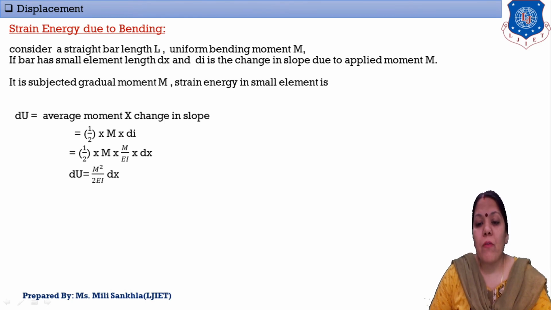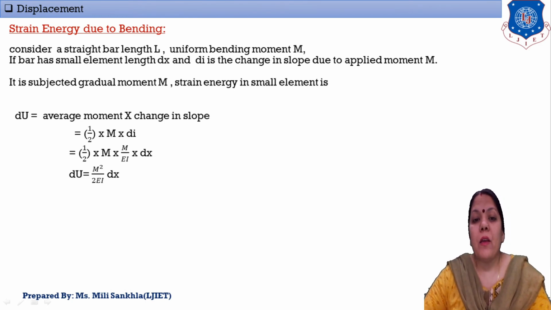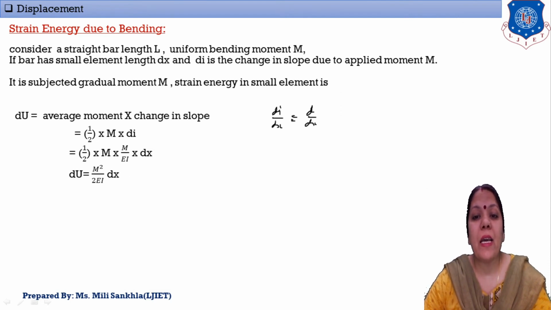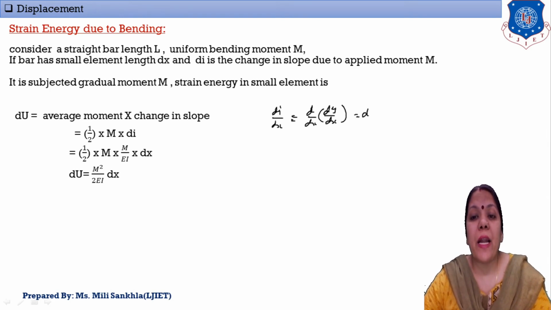How do these values come? dθ, if I differentiate with respect to dx, what is θ? θ is equal to the change in slope. Here we write d by dx. θ is the change in slope, that means dy by dx. So finally here we write d square y by dx square. And if you remember, d square y by dx square is equal to M by EI.